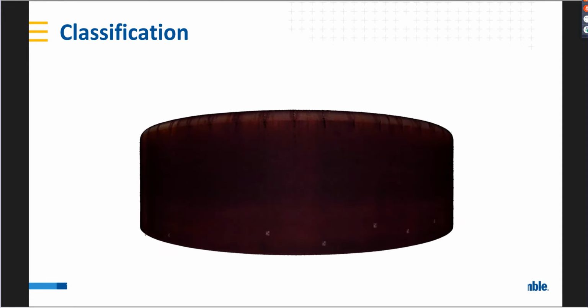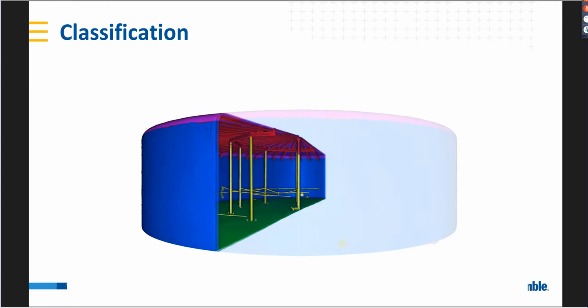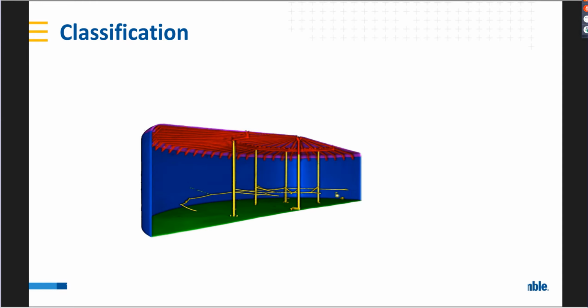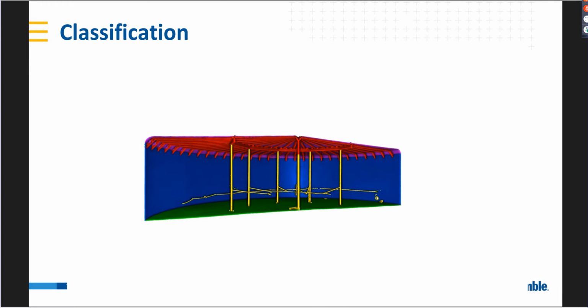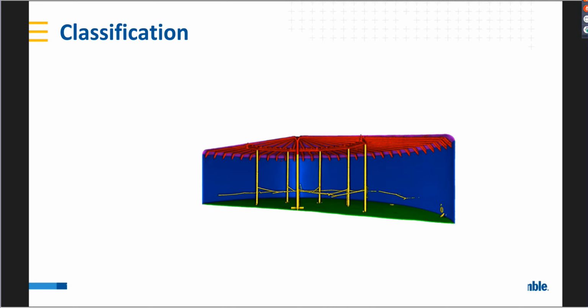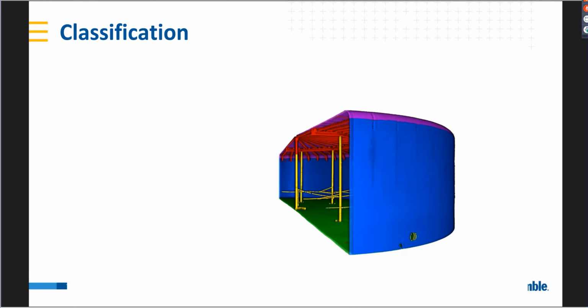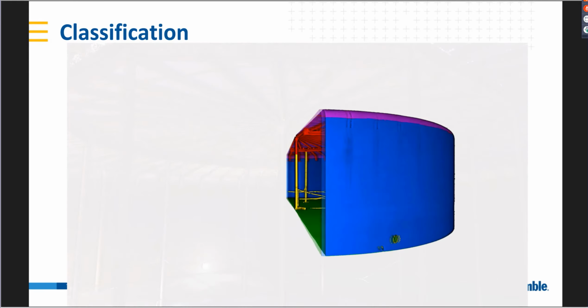When I talk about the classification earlier, the first step is to go through and let the software identify automatically the different components of the tank. So, for example, identifying the roof, the shell, the floor, the deadwood being anything inside the tank that would subtract from the volume, and then identifying everything else that it doesn't know.